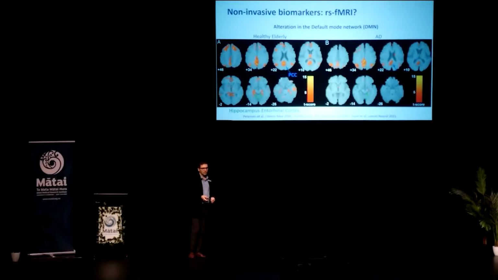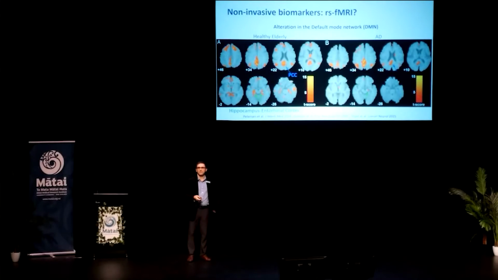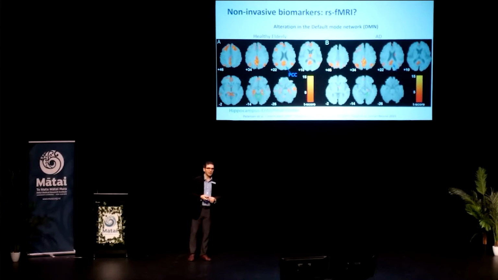The default mode network has been shown to be a very important network in the function of the brain, and it is implicated in many neurological diseases. For example, it has been shown to be affected in Alzheimer's disease, and because of that, it could be used as a biomarker or as a tool to detect Alzheimer's disease at an early stage.